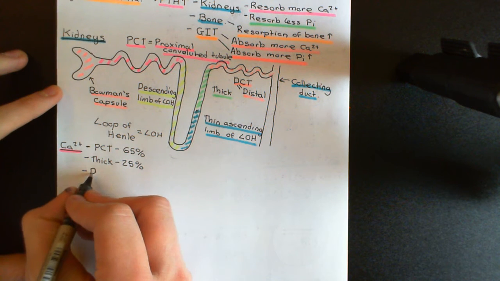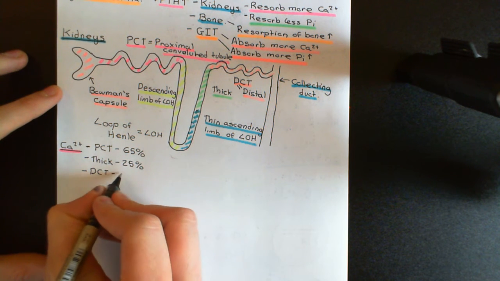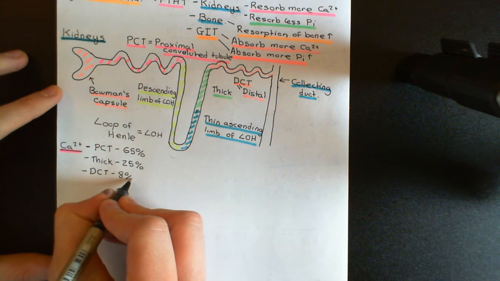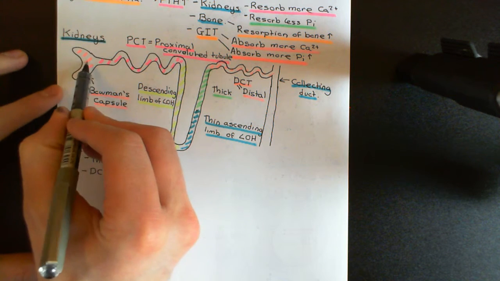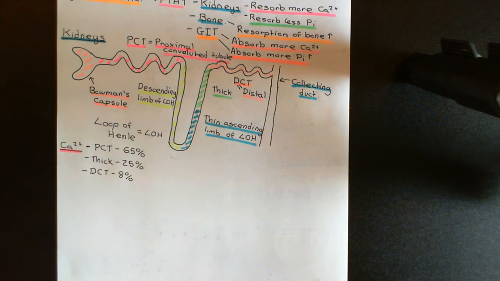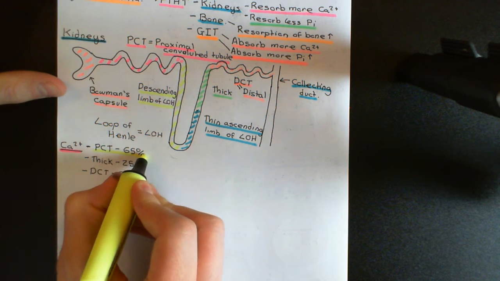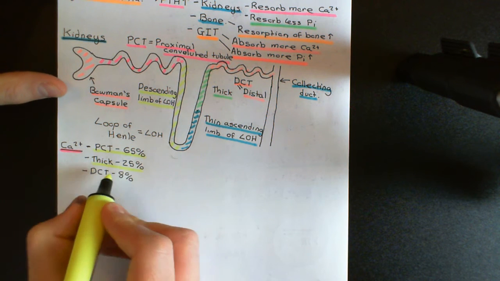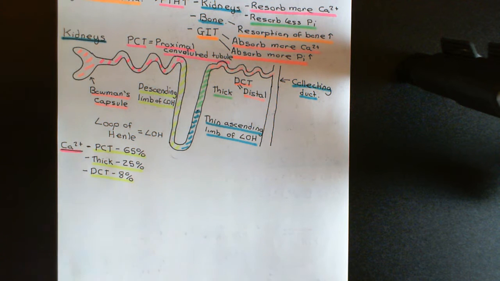Then finally, in the distal convoluted tubule, we generally resorb about 8% of the calcium that was in the initial glomerular filtrate, and that therefore leads to about 2% of the calcium in the glomerular filtrate actually remaining there and then going into the urine. Okay, we are going to raise the amount of calcium that we resorb so that pretty much none is going to end up in the urine.